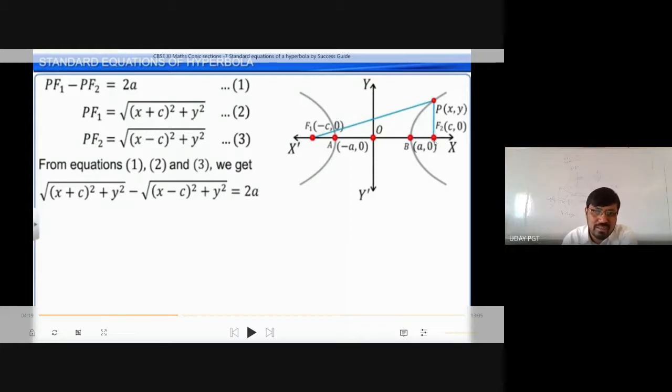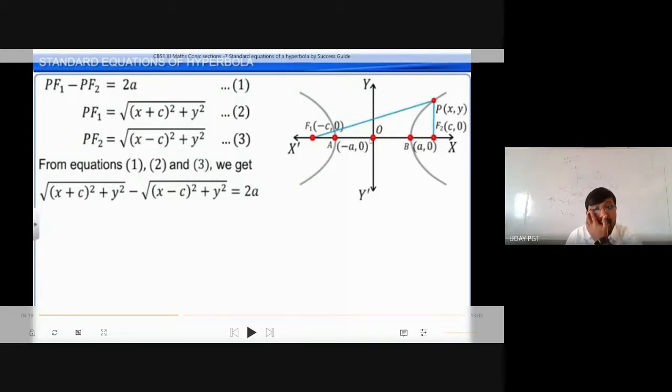The total distance B to F1 is 2a plus c, and from that the B to F2 distance is c.